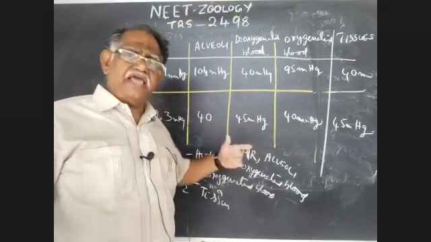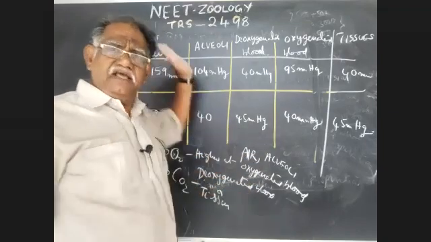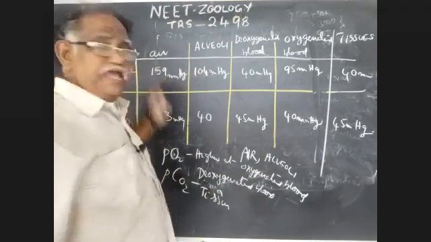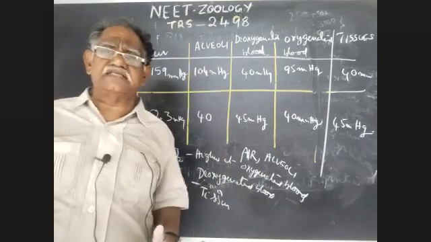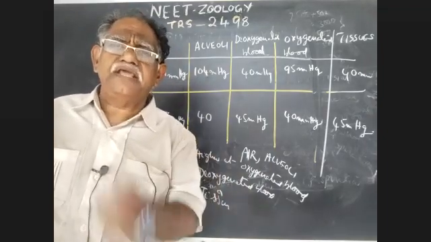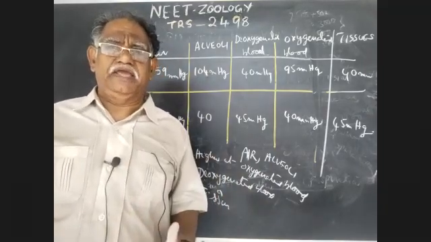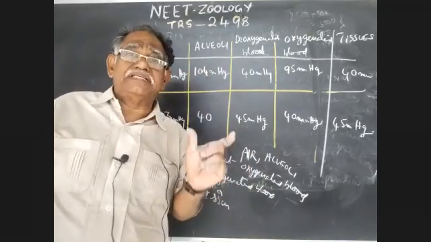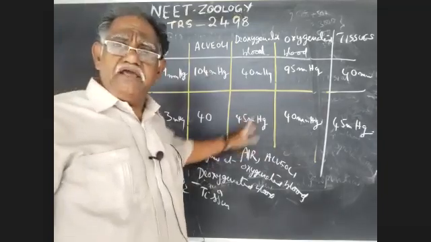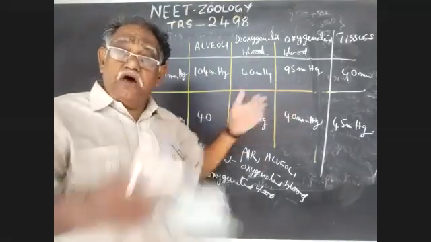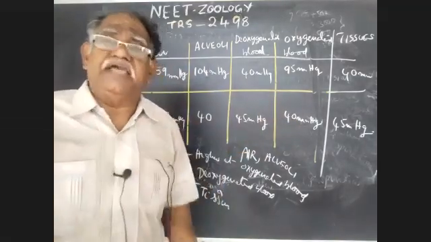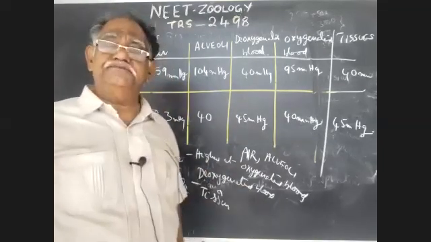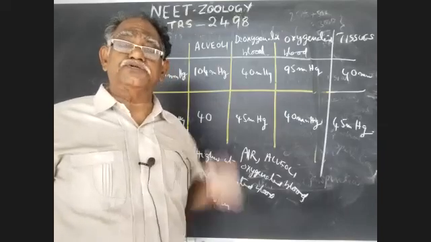Outside the system, in air, oxygen is more than carbon dioxide. The partial pressure of oxygen in the air is 159 mmHg, whereas carbon dioxide is about 0.3 mmHg. But in the respiratory system, PO2 is high in alveoli and oxygenated blood. PCO2 is high in deoxygenated blood and tissues.